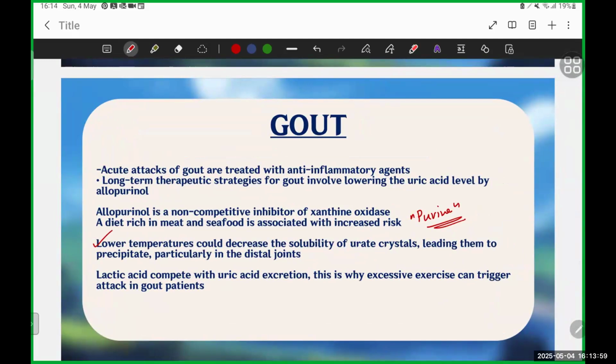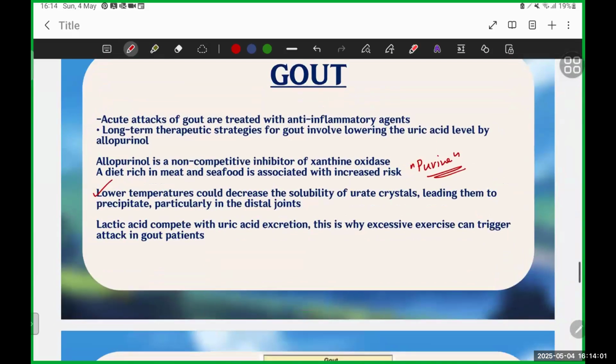Lactic acid competes. So, for example, if you exercise and you're a high risk gout patient, and you're exercising, obviously your muscles are going to produce something called lactic acid. Now, when lactic acid is produced, it has to be excreted, right? But this lactic acid competes with your uric acid. So this is why excessive lactic acid can trigger a gout attack, right?